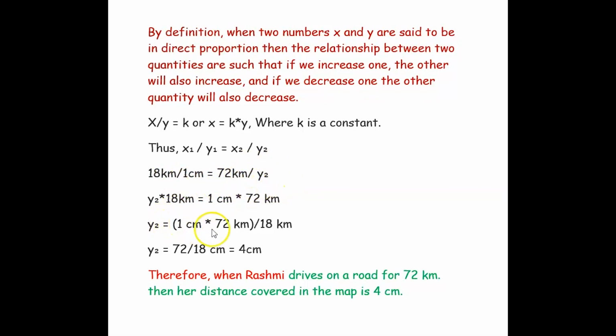On cross multiplying and dividing, you will get y2 as 4 centimeters. So therefore, when Rashmi drives on a road for 72 kilometers, her distance covered in the map will be 4 centimeters. Hope you have understood how to find the direct proportion relation, how to take the ratios, and how to find the unknown values.